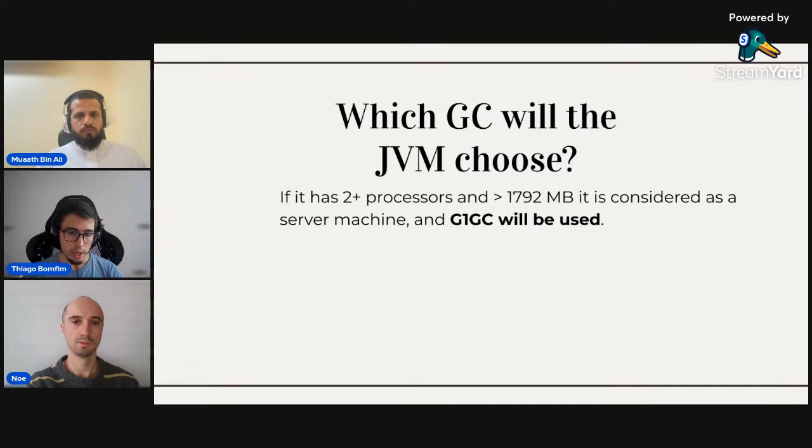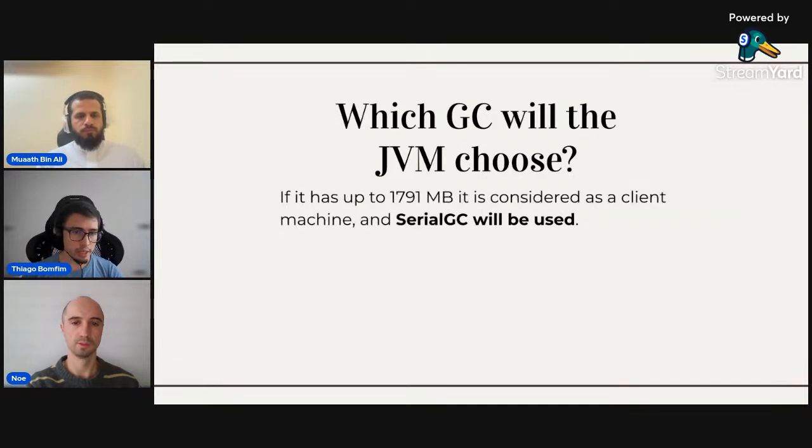Otherwise, if it has up to 1791 megabytes, it is considered a client machine, and SerialGC will be used. So again, it depends, but it's really important to know that, because if you are running a microservice, maybe it will use SerialGC.